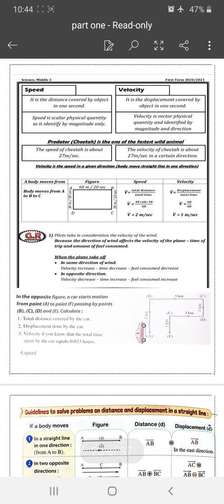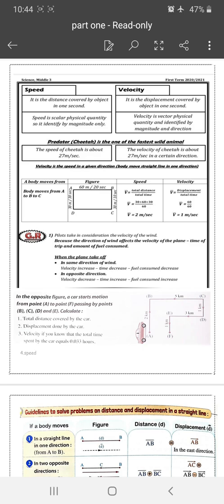Number 3, speed and velocity. What's the difference between speed and velocity? If the speed has a direction, it is considered a vector, a velocity. Speed plus direction equals velocity.